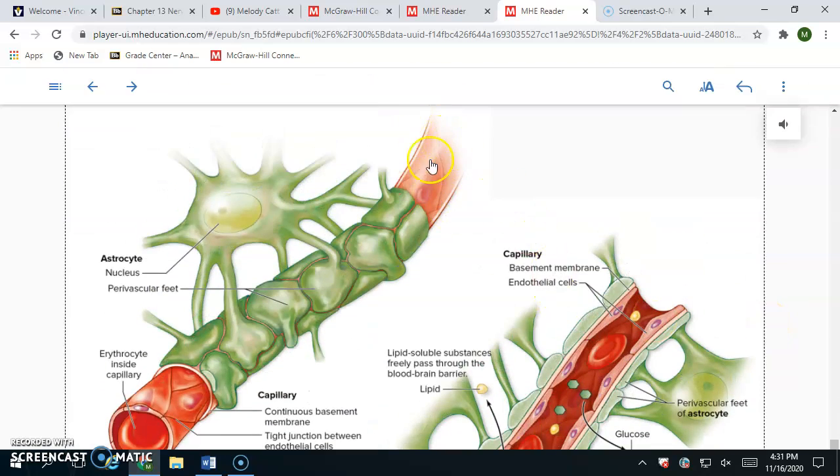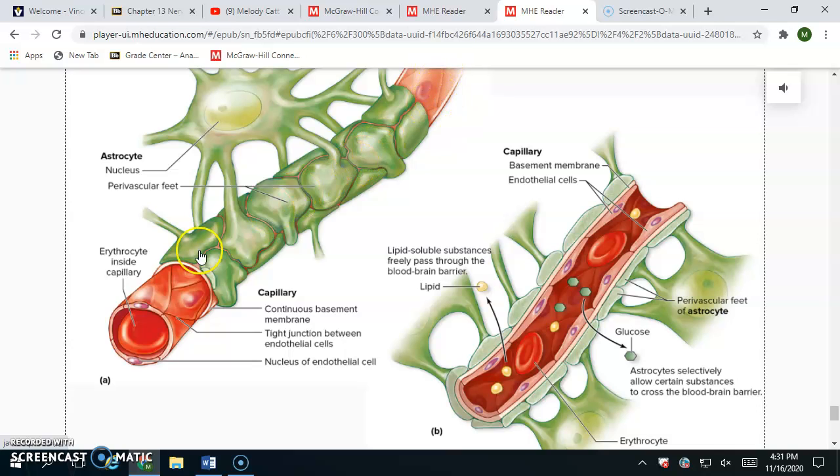So this is showing a specialized capillary. It goes all the way here, but it's kind of being covered by these little foot processes of the astrocytes here. You can see a little red blood cell in there. So this is the wall of the capillary, with these different cells making up the wall. There's nice little tight junctions between them, so very few things can slide through there.